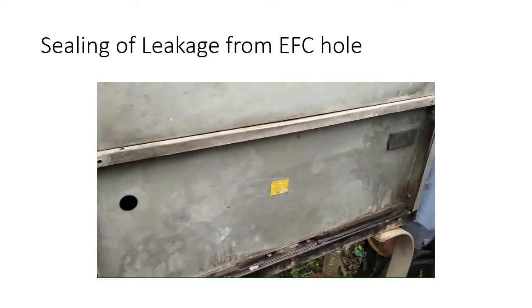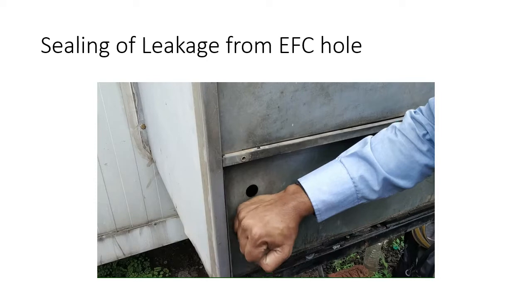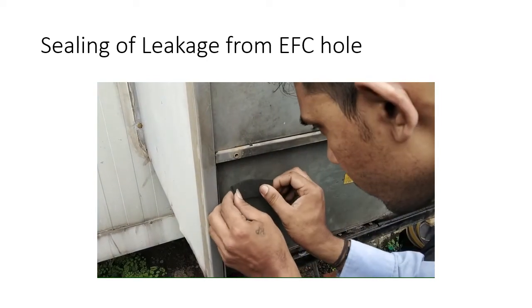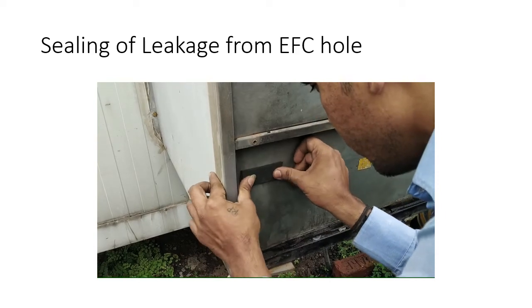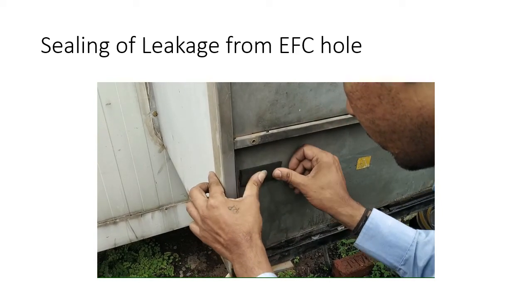This opening is on the back side of the EFC unit. Once you remove the back cover, you will see the holes which are not plugged properly. Ideally, they have to be sealed with a rubber grommet or some silicone, or you can use the foam type of gasket also. Please look at this video for more details.